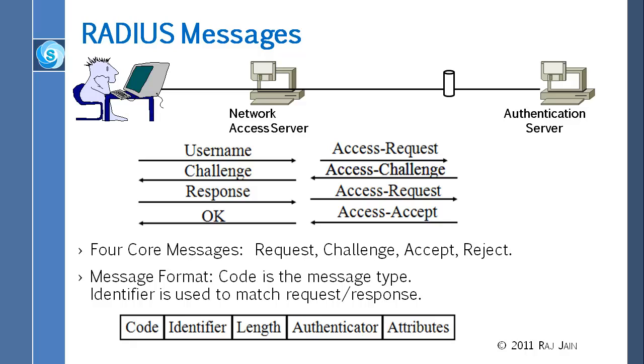In that case, it will say, okay, here is my challenge, what is your password? That will be passed on here to the user. And the user will say, my password is such and such. That will come here, it will be sent back. So the NAS is not reading any of these two things. Now it will match the password and will say, okay, it's good.